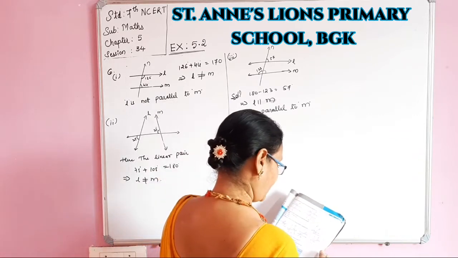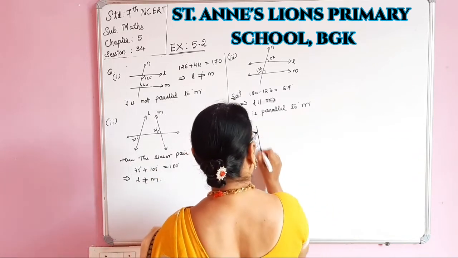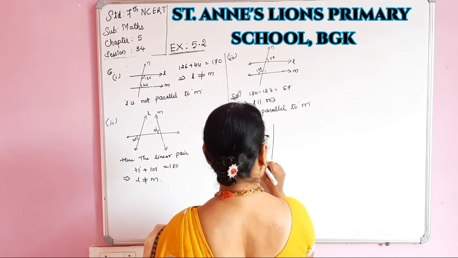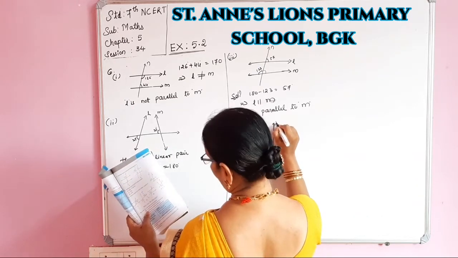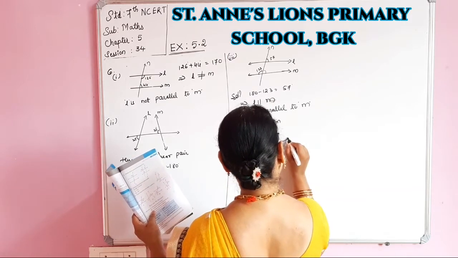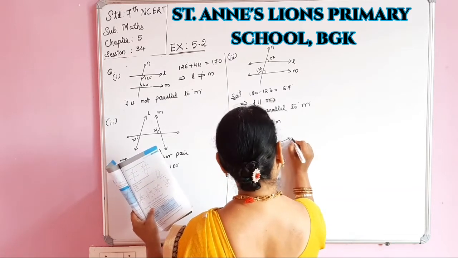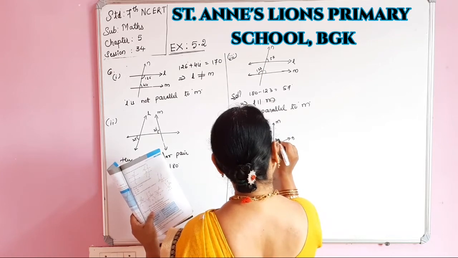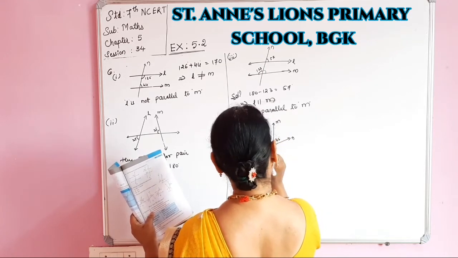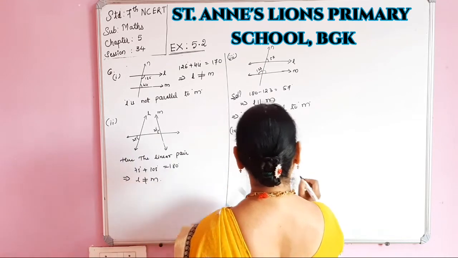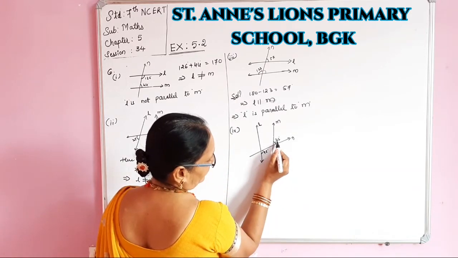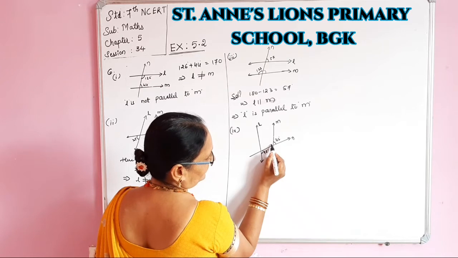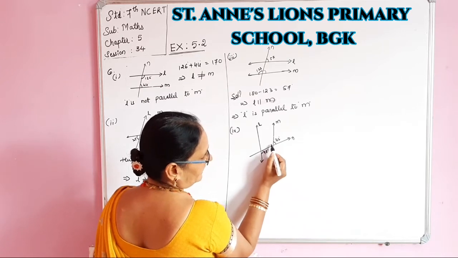Now the fourth figure. You see, these are L and M, and N. 72 degrees, 98 degrees. See now, 72 degrees. And now what? We have to find this because these two are alternate angles.